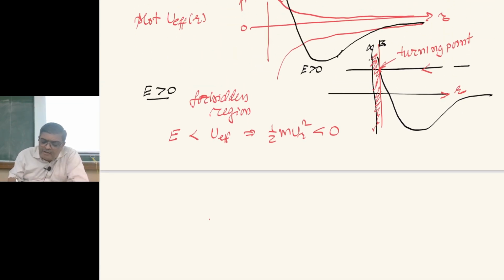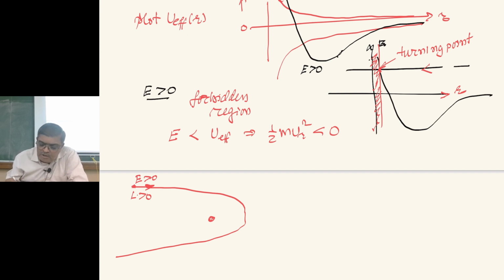Let us say here is the center of the force, right? So here I'm going to have this planet or particle that is being projected here with E greater than 0, and of course L is also greater than 0. So then what happens? It goes like that and comes like that. Of course, the sun has to be placed a bit more symmetrically here.